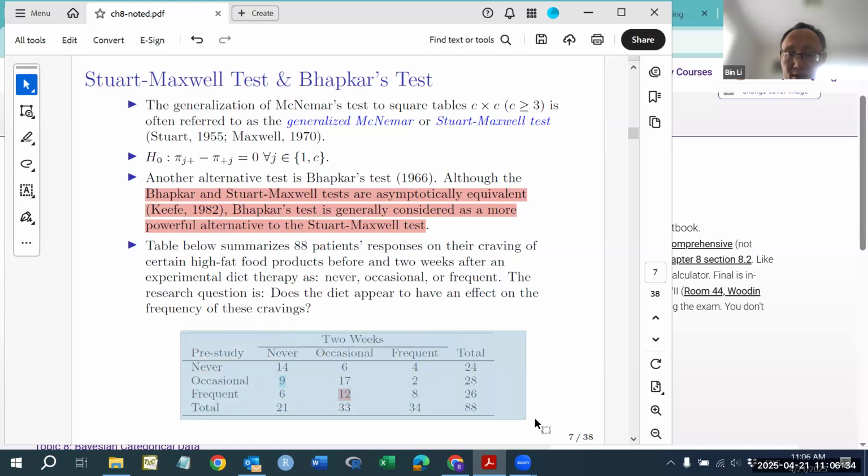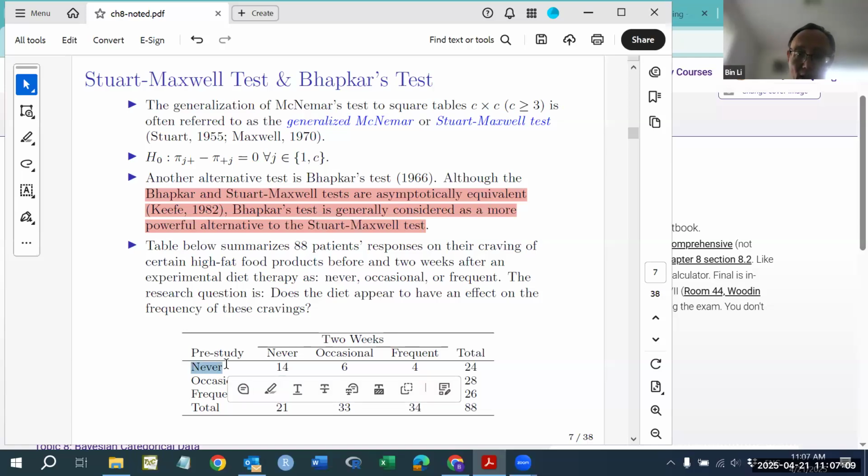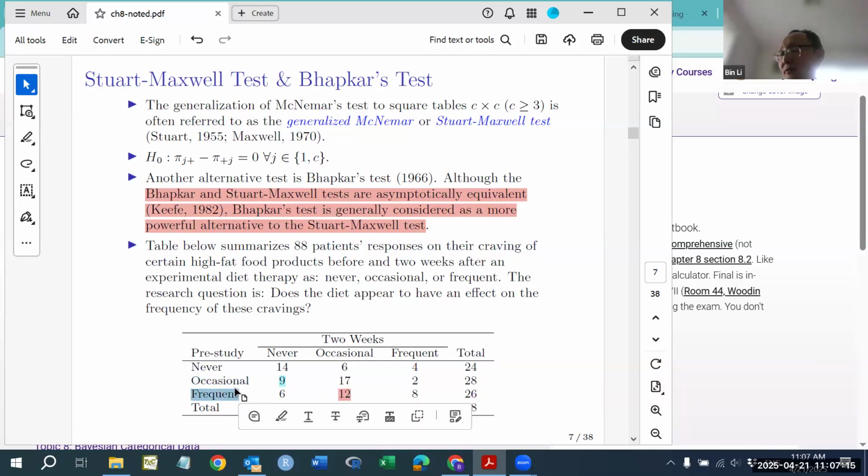Let's see this example. We have 88 patients. Before entering a diet therapy study, they were first asked questions about their cravings for certain high-fat food products. They have 3 options: either never take these high-fat food products, or occasionally, or frequently take this food.